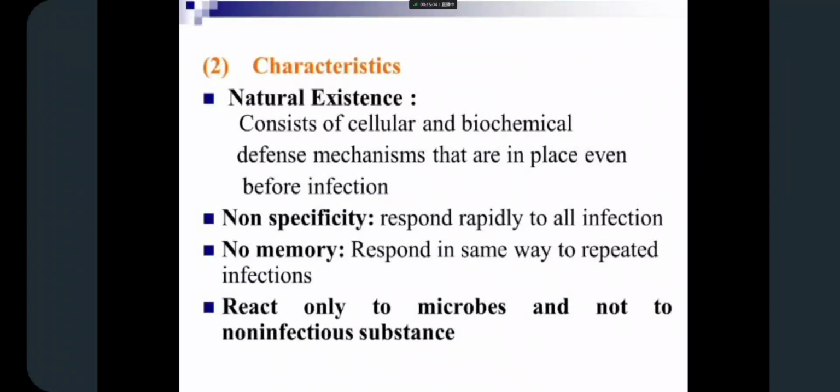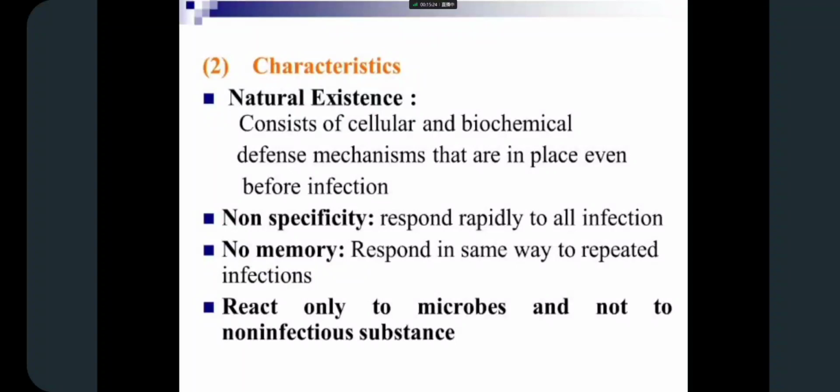Okay, once organisms get through the innate defense mechanism and begin to grow in the tissues of the body, a more specific and more powerful backup defense system is needed.